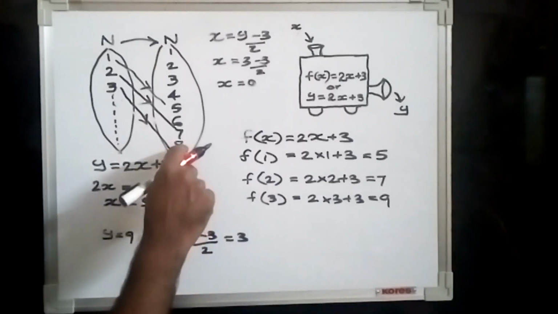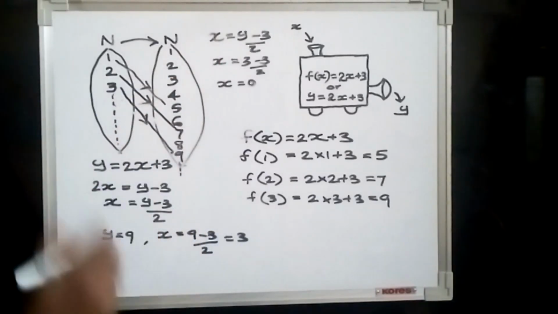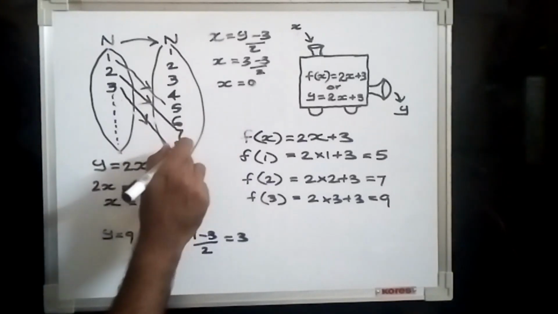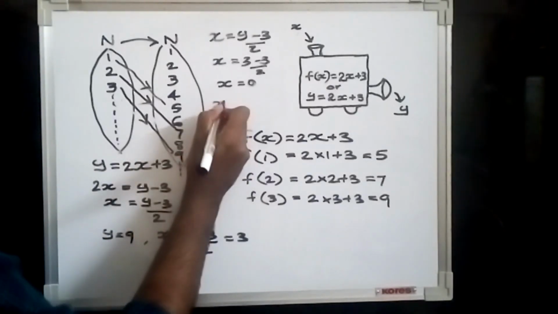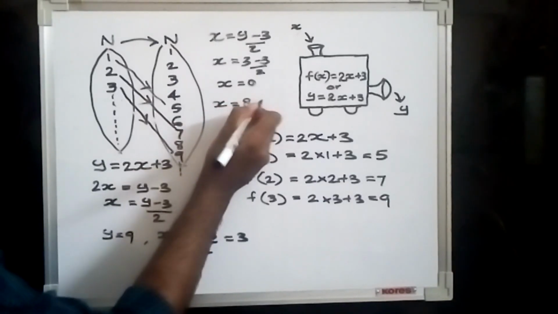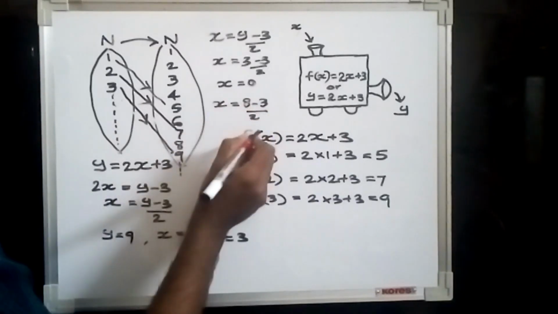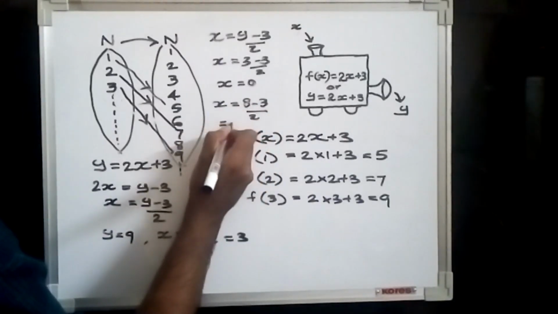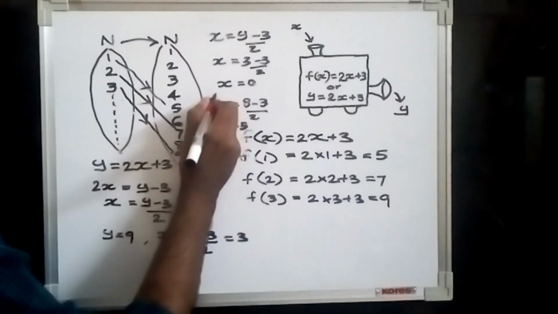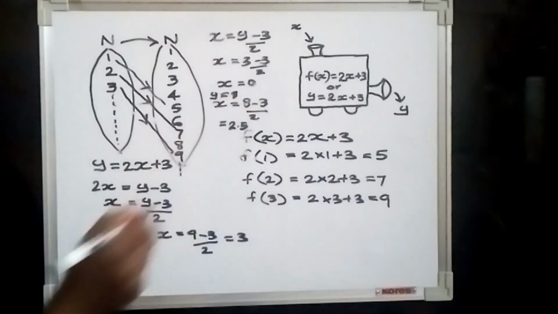We are also sure that when y equal to 8, we cannot find the input. When y equal to 8, what happens? x equal to (8 minus 3) divided by 2, that equal to 5 by 2 equal to 2.5.